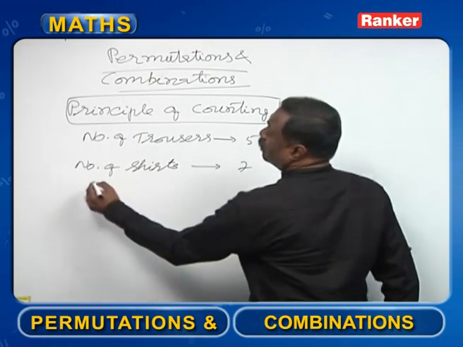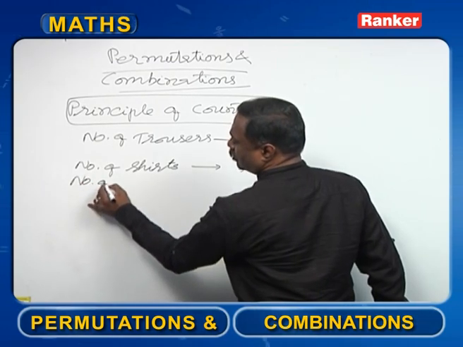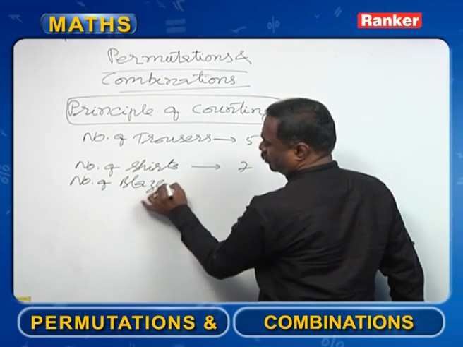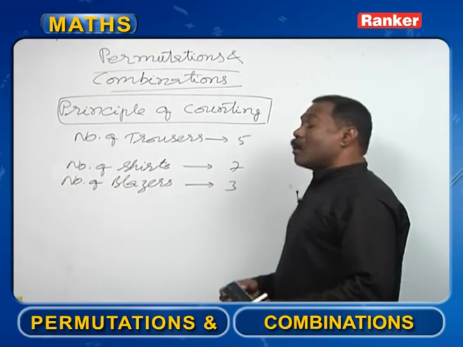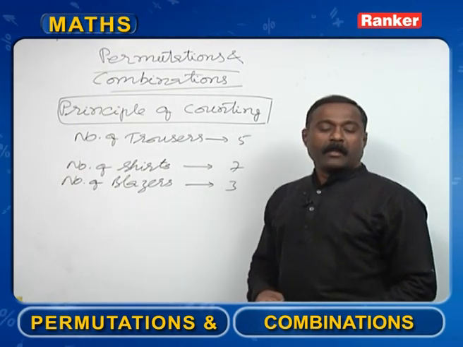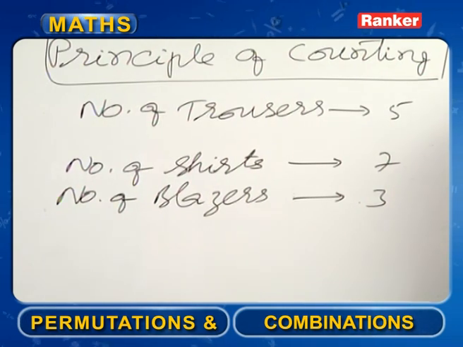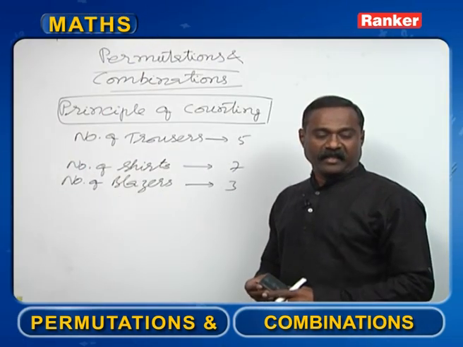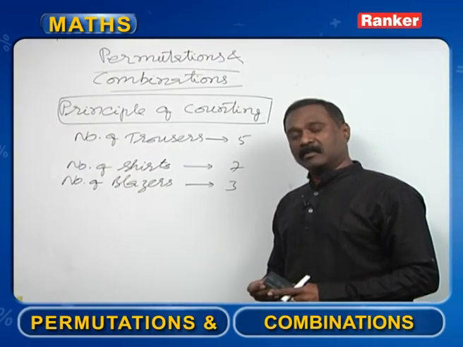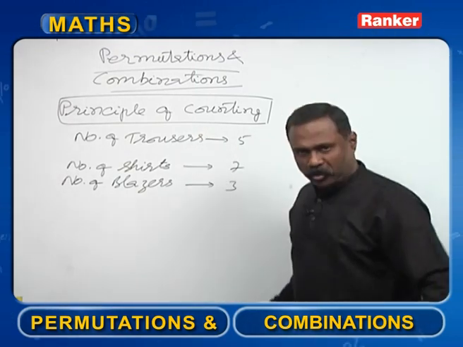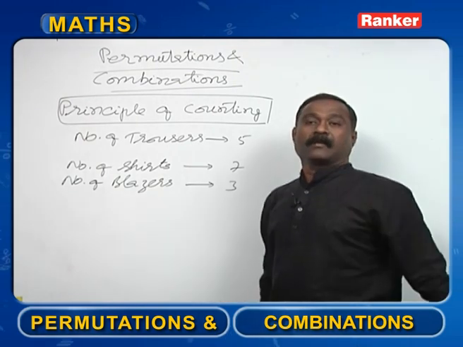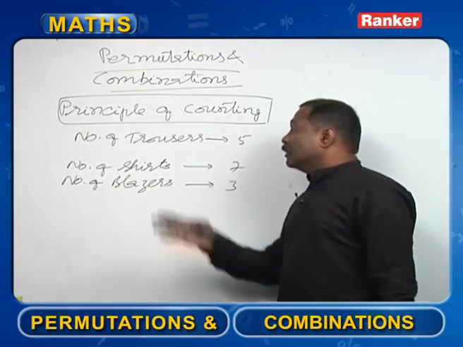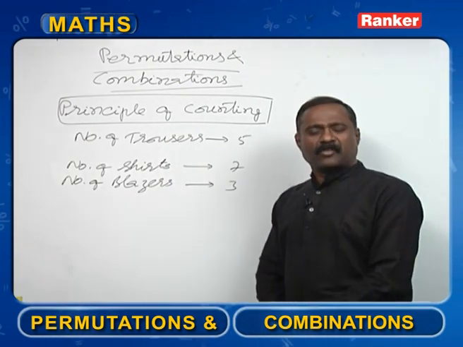And number of blazers is 3. Now, how many different colored triads can he wear in the same order? In the same order means first a trouser, then a shirt, and on that a blazer. That is the order. I termed it as triad.